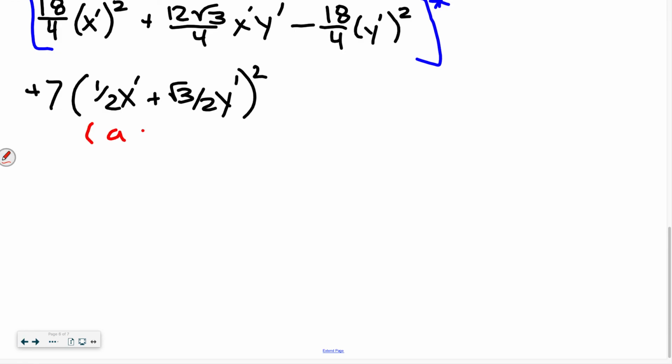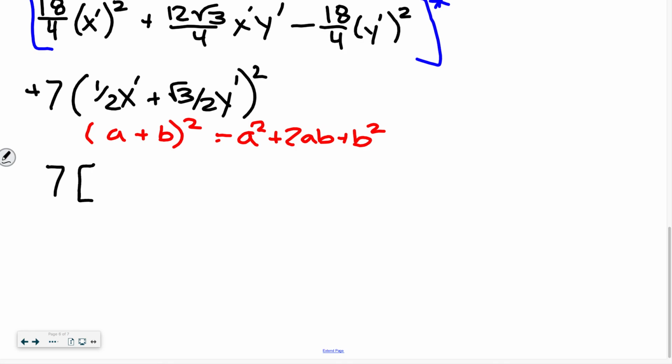This looks to me like a plus b quantity squared. Some people may know there's a special pattern that your outside and your inside terms will always be the same, so there's just 2 of them. So I could easily expand this one if you know the special pattern.